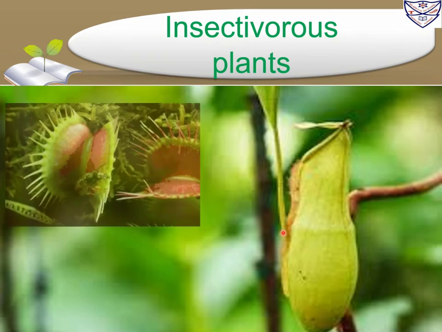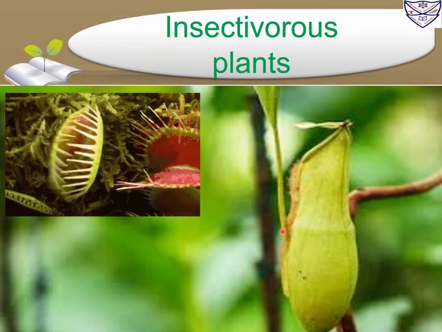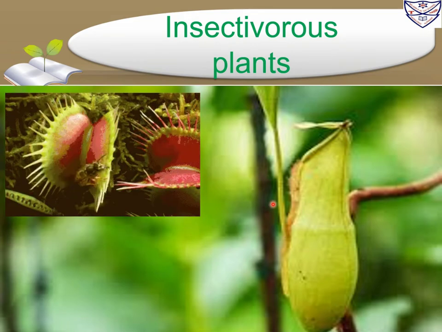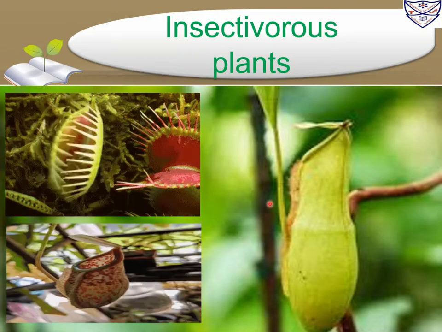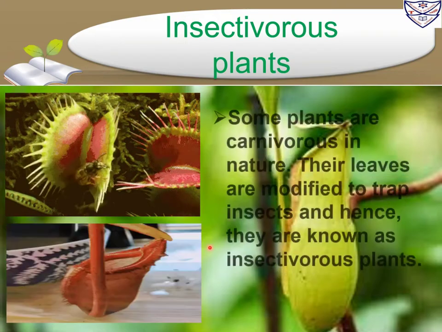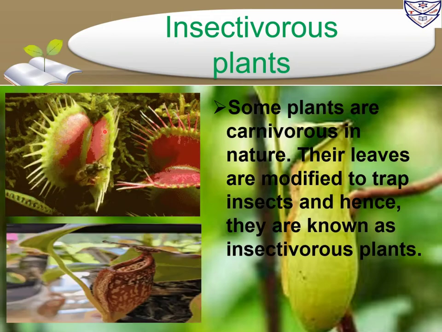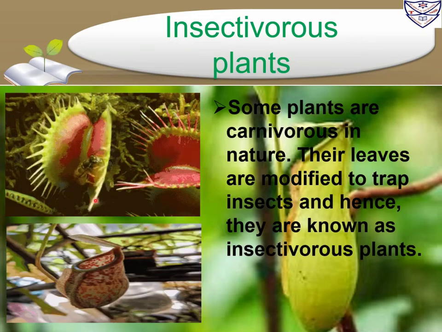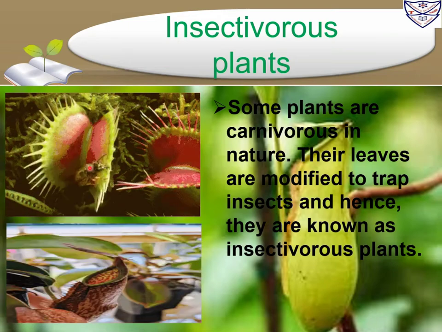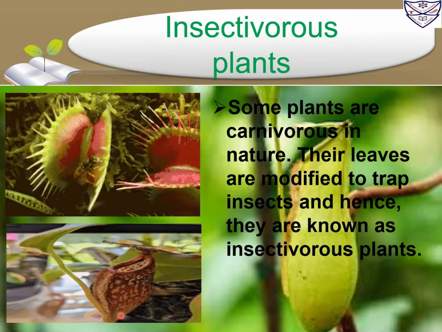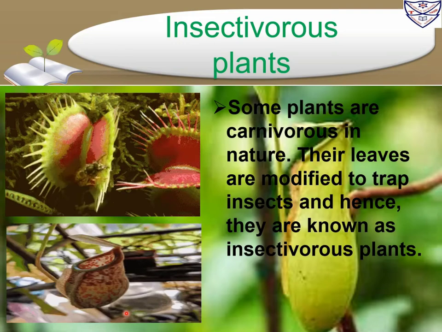Insectivorous plants. Some plants are carnivorous in nature. Their leaves are modified to trap insects and hence they are known as insectivorous plants. Here you can see this picture. In this picture, these are insectivorous plants. They trap the insect. Venus flytrap has leaves that are like boxes.